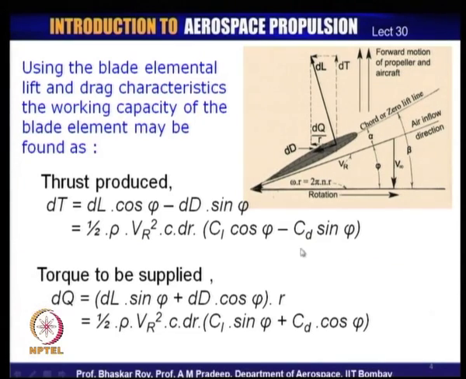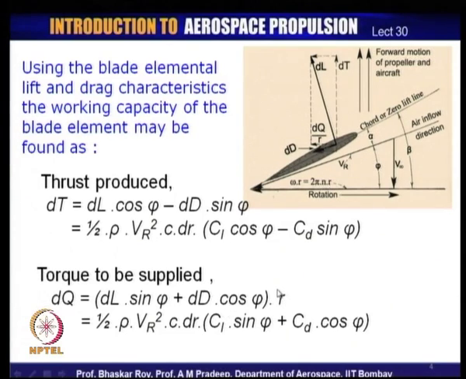So, here we can see that the components from C_L or lift and drag are additive. They are on the same side of the axis, as a result of which they add up together to create a force and torque which needs to be matched by the engine supply, and this when multiplied by r gives you the torque.